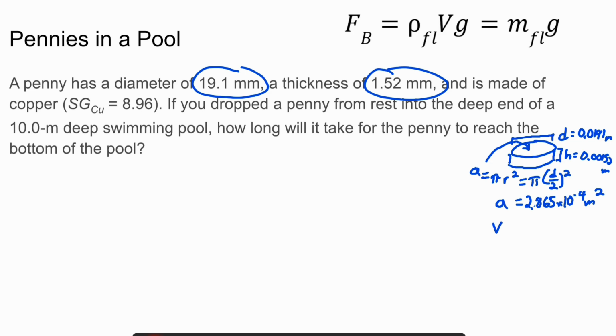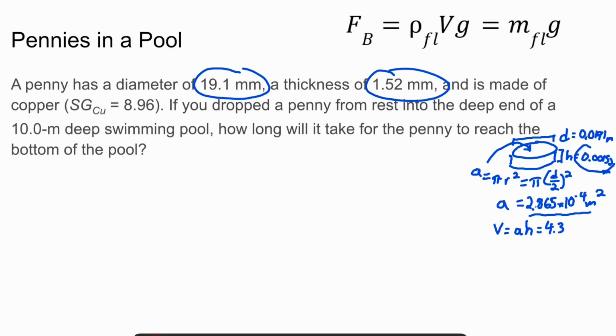And to get our volume for the penny, we want to take that area of the face and multiply it times its height. If we take the 2.865 times 10 to the negative fourth and multiply that times the height of the penny, or 0.00152 meters, then we should get 4.355 times 10 to the negative seventh meters cubed. All right, so that's the volume of our penny.